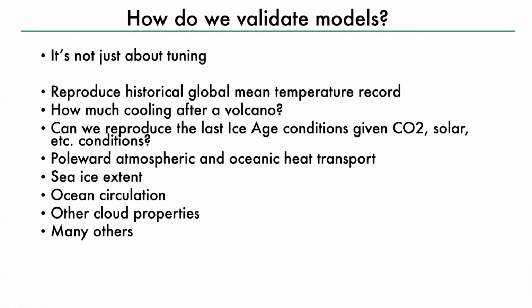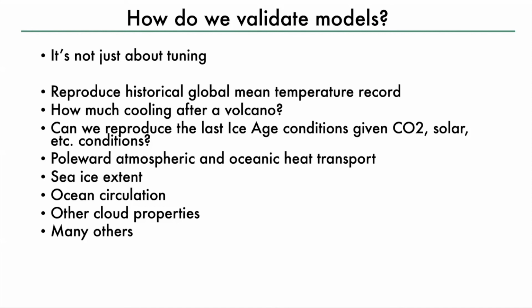So there are these parameters that we can tune in models, like lambda, the feedback parameter, and the aerosol scale factor. But it's not just about tuning the model to get your temperature record to match observations. So there is a bit of that, but there's also a lot of ways that we can look at the output of the model to make sure that it does a good job.